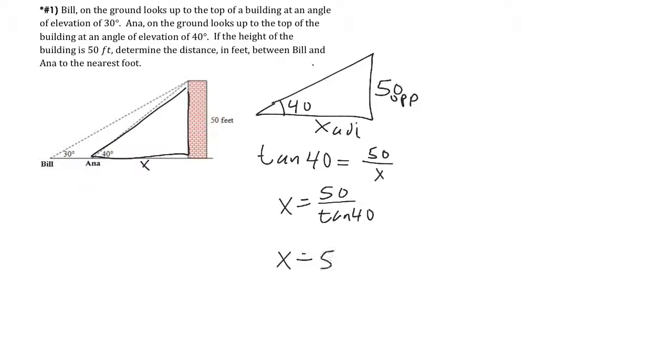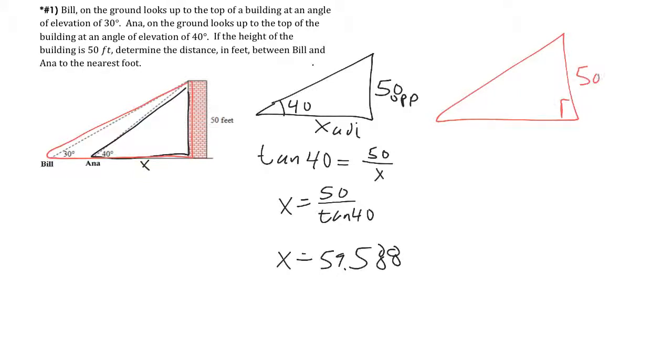So X equals 59.588. Now, I want to do the same thing, but use the other triangle, so Bill's triangle. So it's that right triangle, the wall is 50 feet high. Bill's angle is 30 degrees.